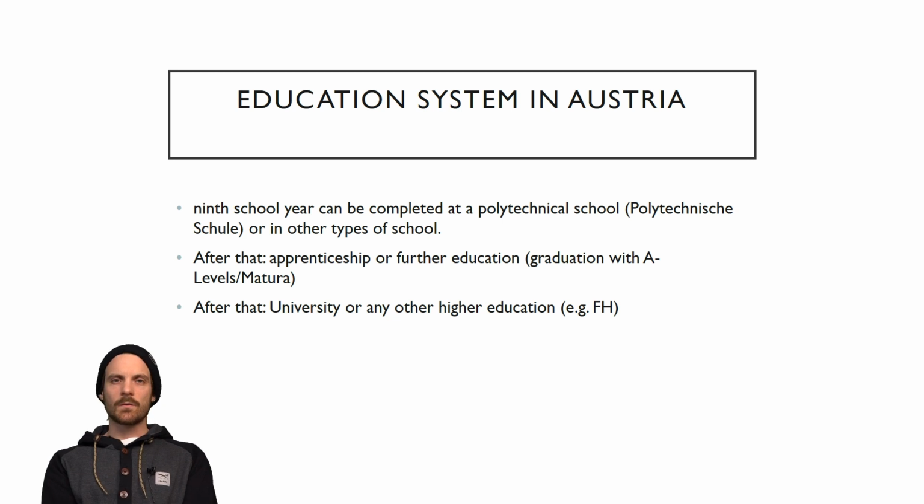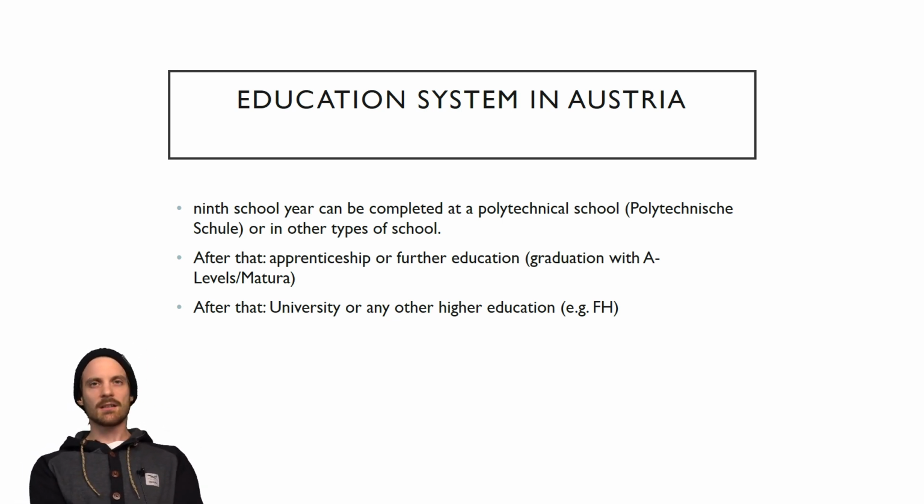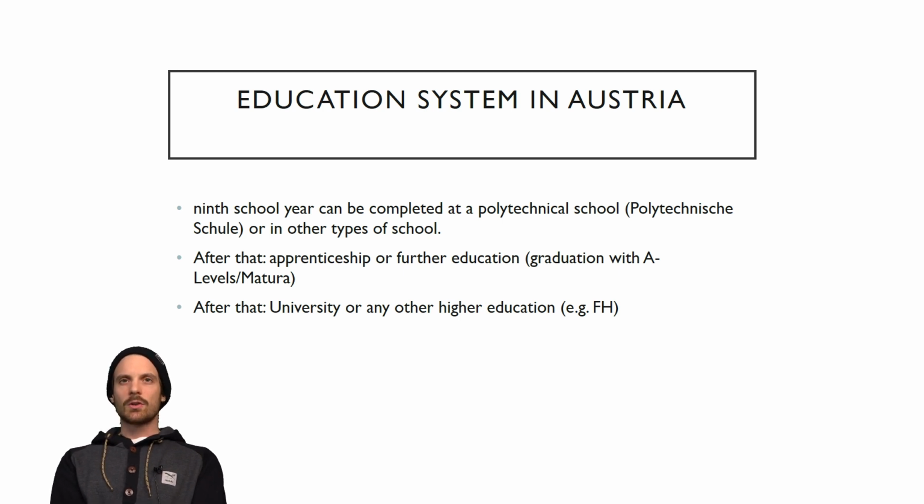And of course, after you finished your compulsory 9 years of school, you can also decide to make an apprenticeship as a mechanic, for example, or an office clerk or something.